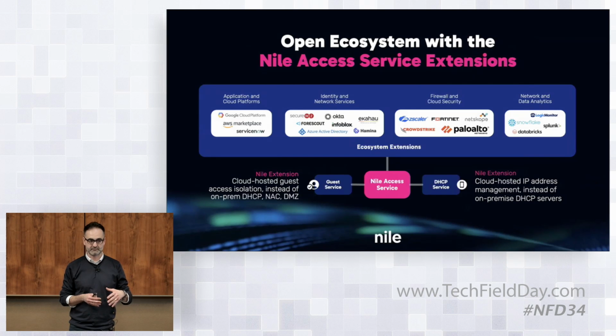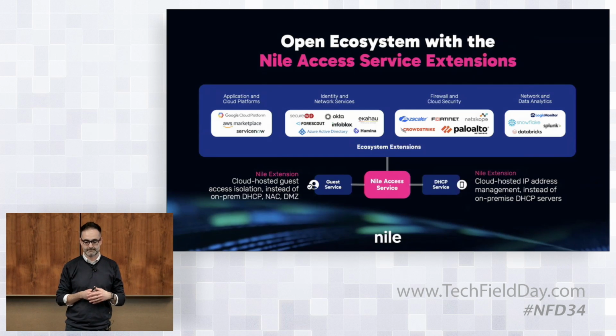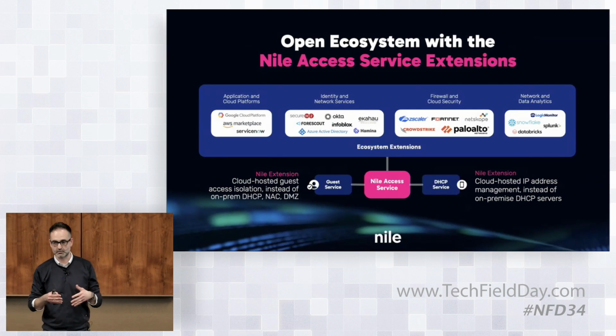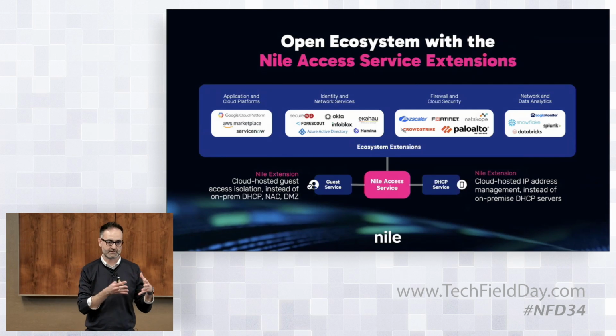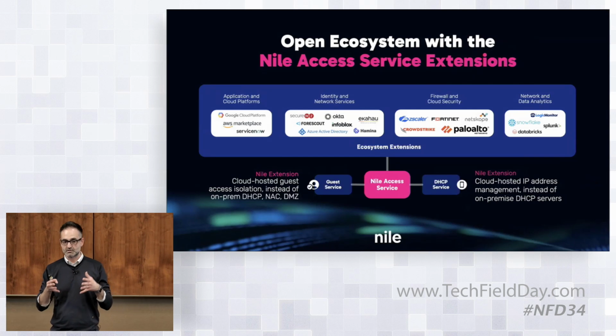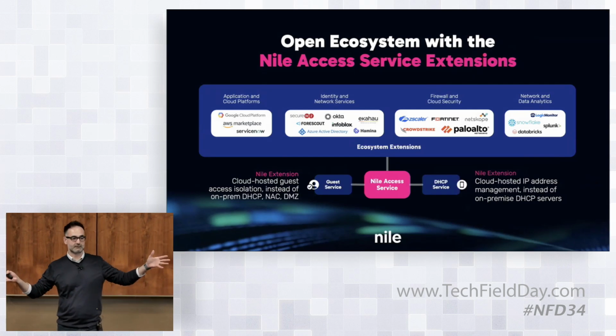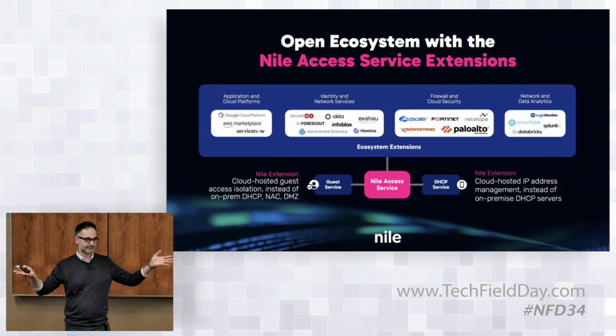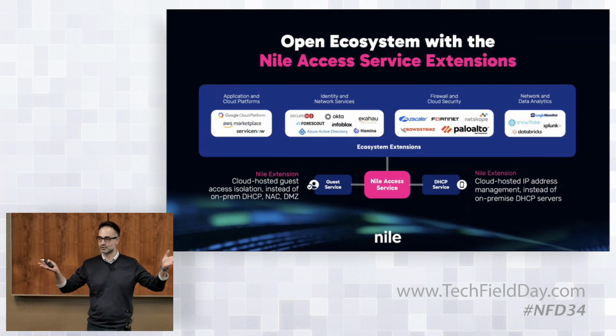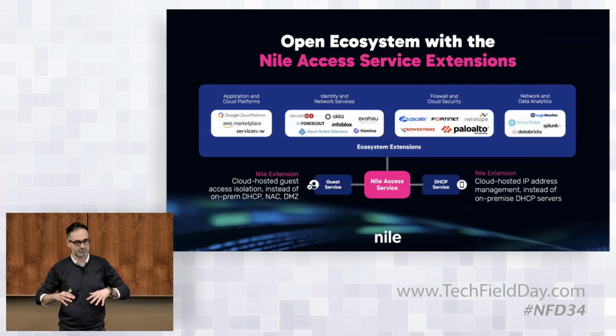One of the advantages for ecosystem partners is they're dealing with a more deterministic system. So let's say that Palo Alto firewall version X integrates with Nile Access Service software release 2. Every customer of Nile runs software release 2. So the number of snowflakes in those integrations actually gets reduced quite often.